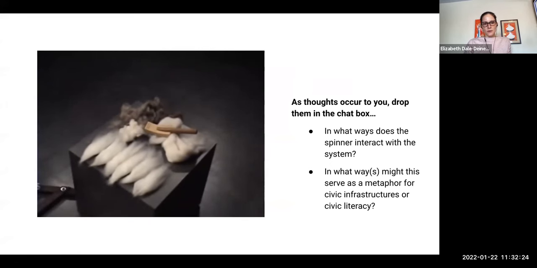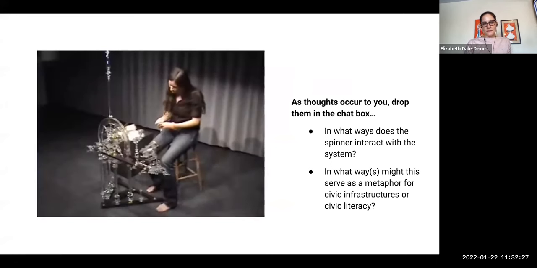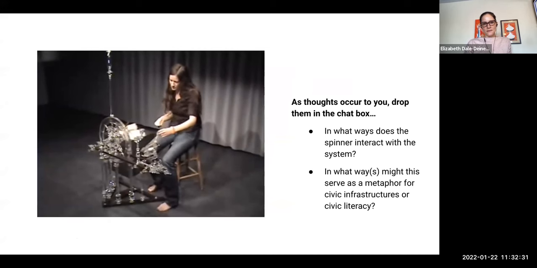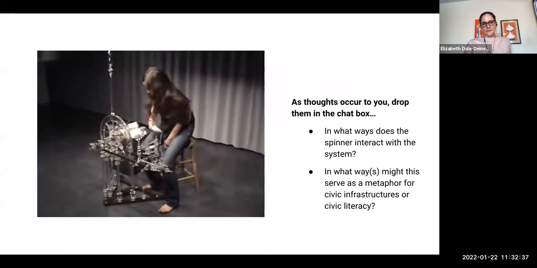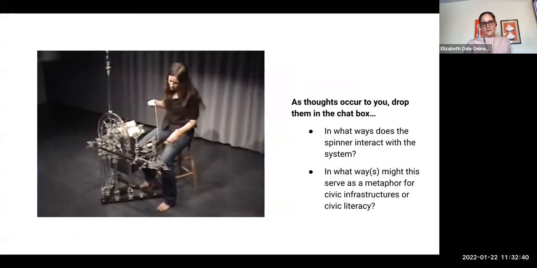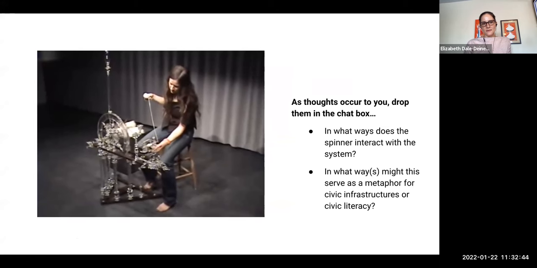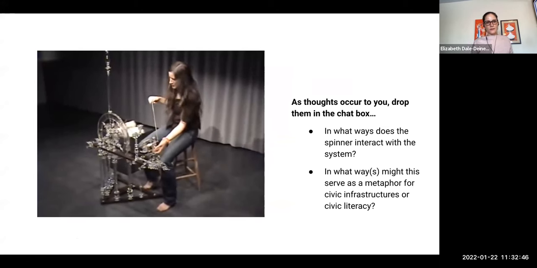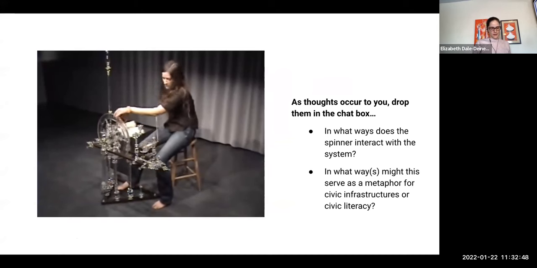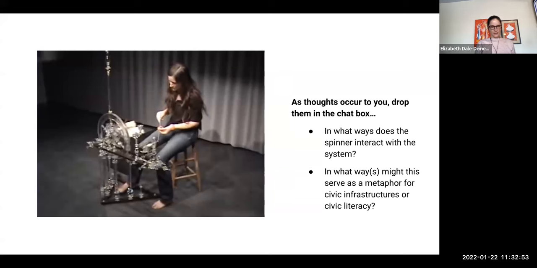So this is the carded wool. So she's got the bobbin in the center there. And that U-shaped thing is the flyer.